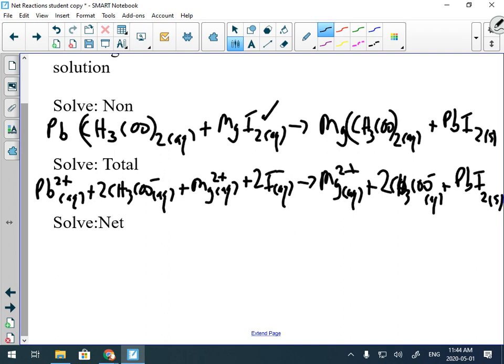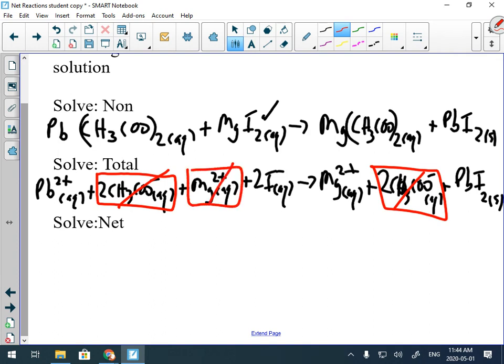Okay. All right. The net is everything that has changed. So what hasn't? Let's cancel out what hasn't. So this is aqueous. There's 2 of them. It's the same. Is there something else we can cancel? Yeah, the magnesium ions. There. So now this one has 2 spectators.